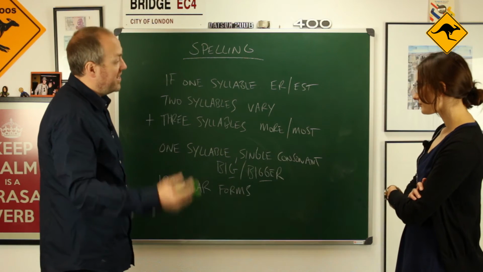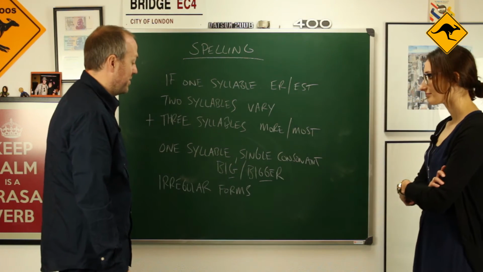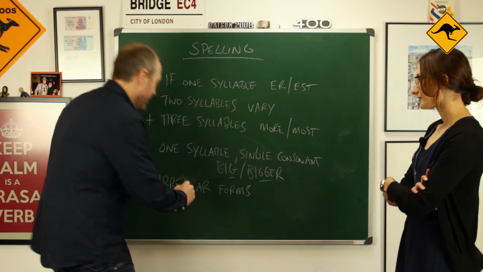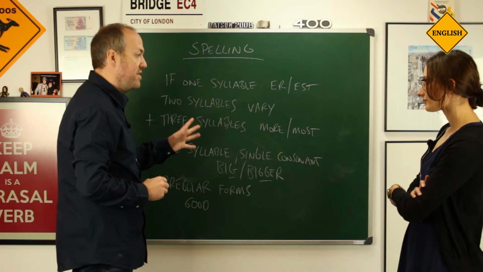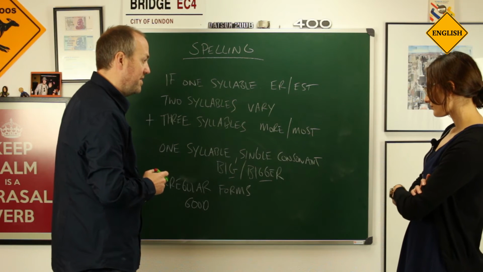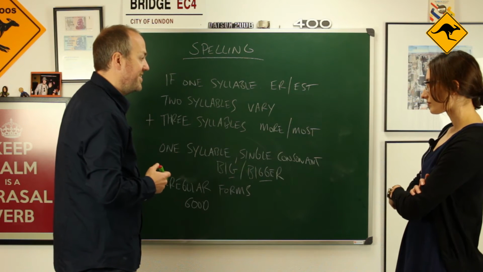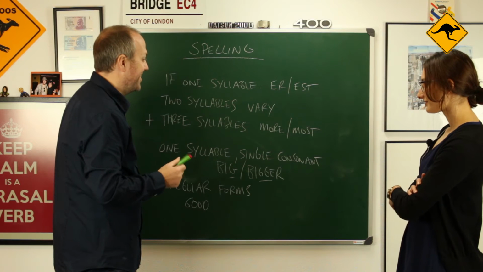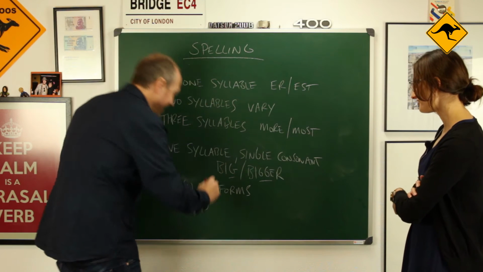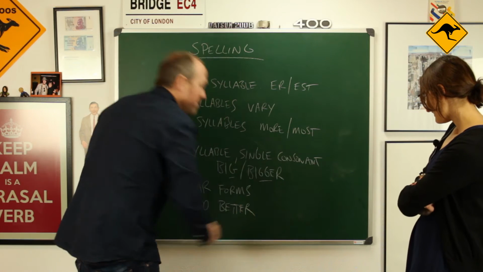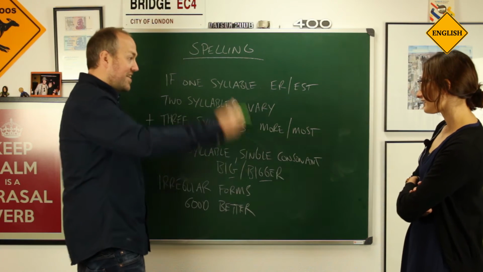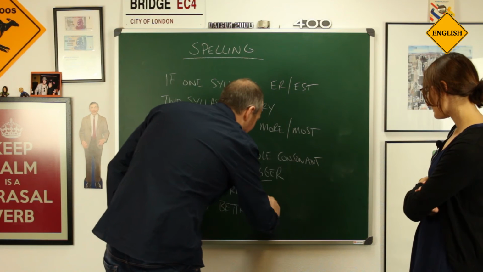And then we have the irregular forms, like for example, good. What is the comparative for good? Better. Better, exactly. Good. And the superlative? For example, this is the best. The best, exactly.